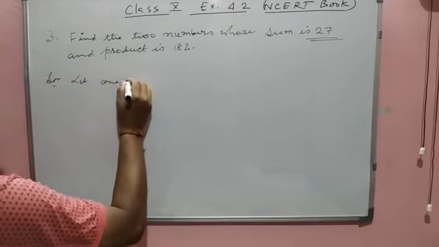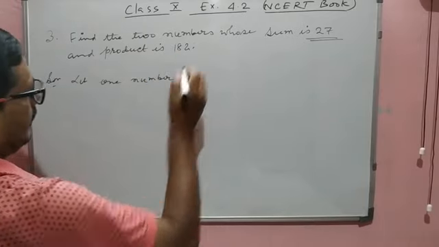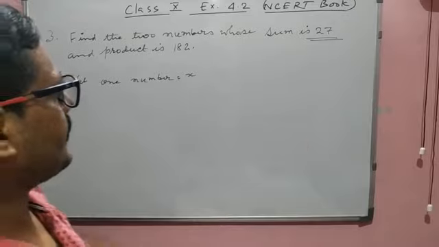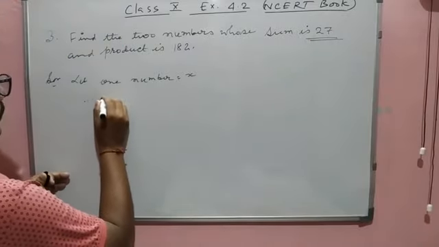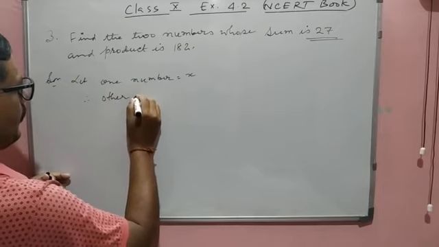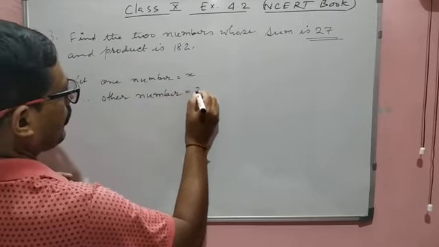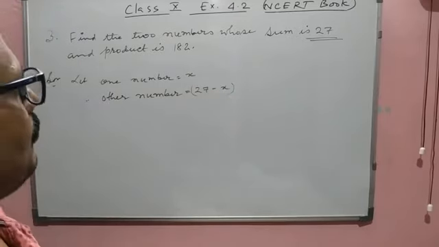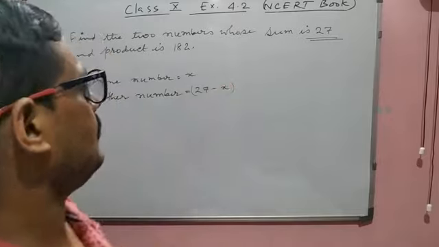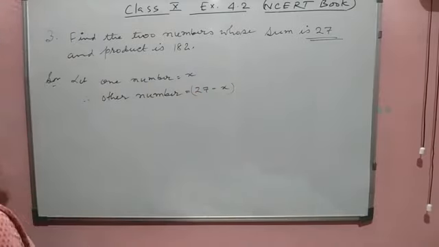So solution: let one number equal to x. As the sum is given as 27, therefore the other number equals 27 minus x. So one number is x, then the other number will be 27 minus x.